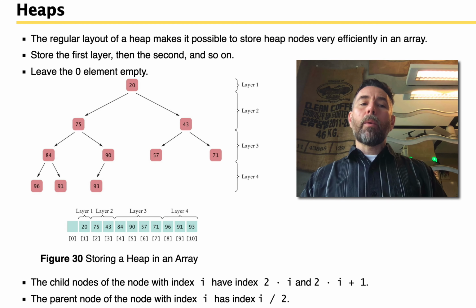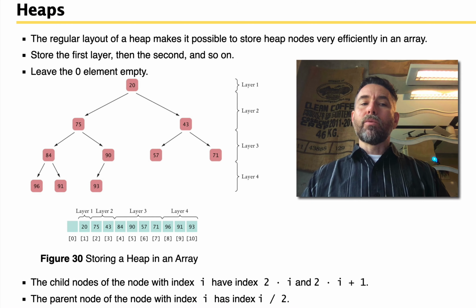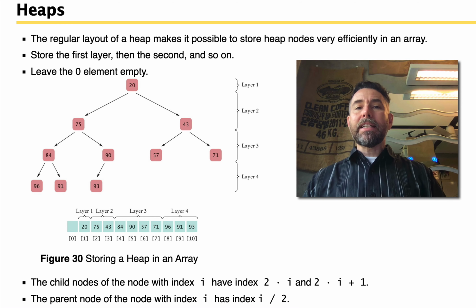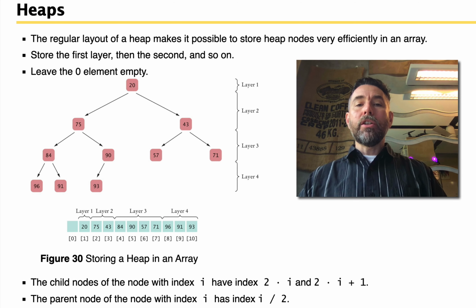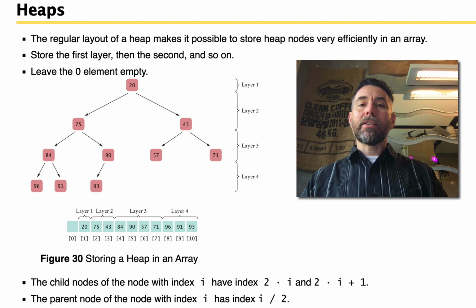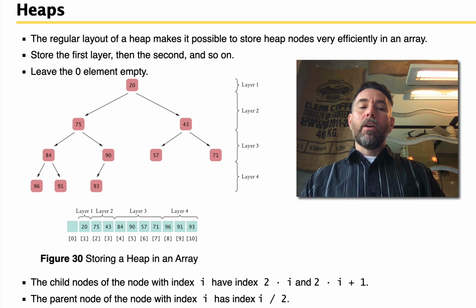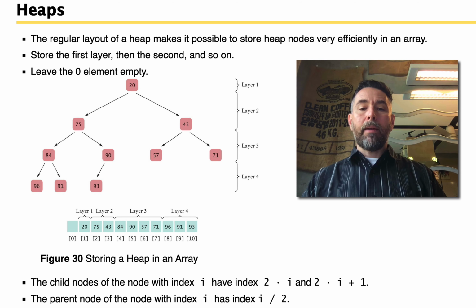The reason why we're able to do this is because we're going to keep track of our tree in a different way. This regular layout enables us to keep track of it efficiently in an array. And the way we're going to do it is we're going to keep track of our layers sequentially within an array. We're going to leave our 0th element empty, and then we'll let our first element go into position 1 in our array.